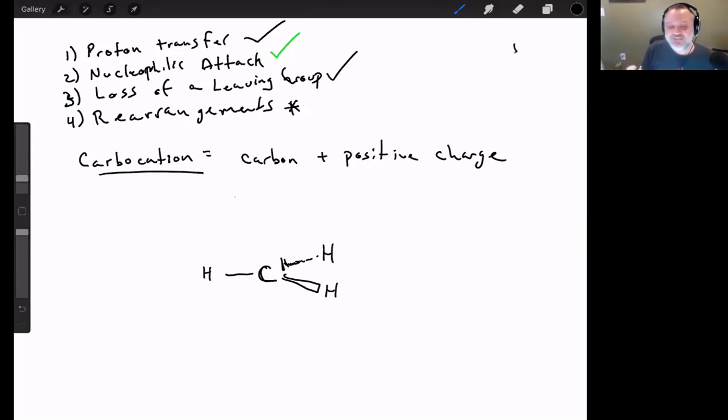There are only 3 bonds, and something that has only 3 bonds will be sp2 hybridized. And when I say 3 bonds, I really mean 3 electron groups. Even though this is a cation, it still only has 3 electron groups, and so the hybridization is sp2. We can think about that hybridization being sp2, which means that the 3 bonds are sp2 hybridized orbitals. And so what that means is there's an empty p orbital in a carbocation.